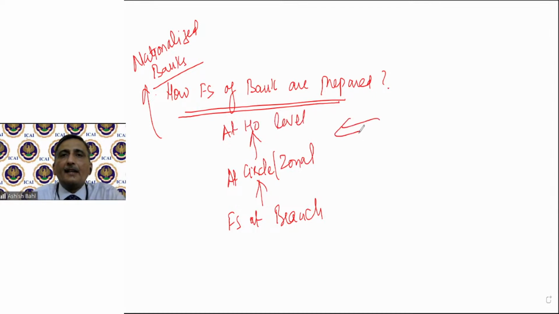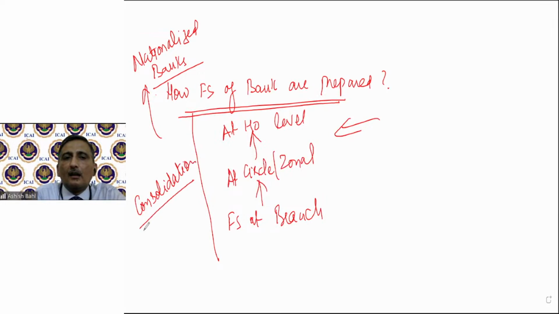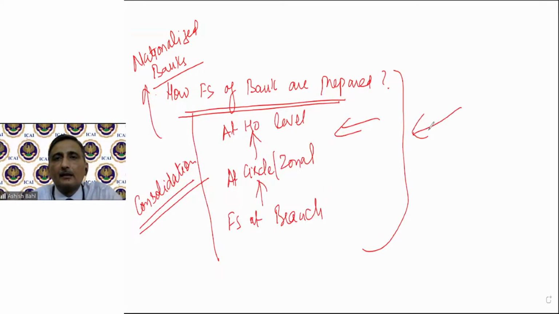And at the HO level, all the activities of different verticals of the bank, of all different departments, are also combined. Here, what we are referring to as consolidation, you must not confuse with consolidated financial statements.